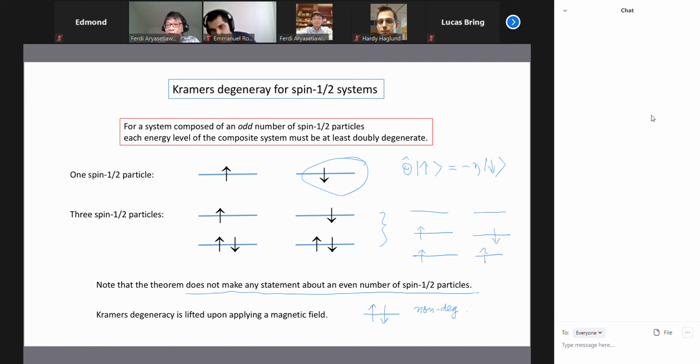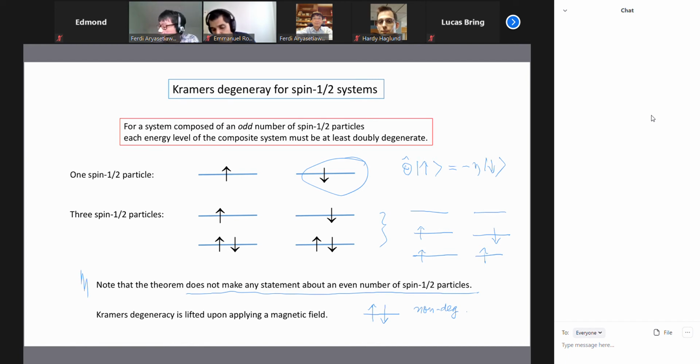If one of the levels is only half filled, only one particle occupying the level, then I can have another electron of opposite spin occupying the same level. So we can have degeneracy even if the number of particles is even. So the theorem doesn't say anything about even number. So that's the point.